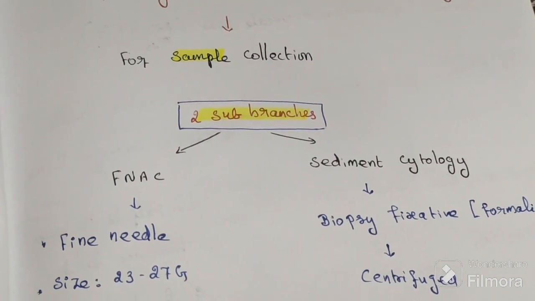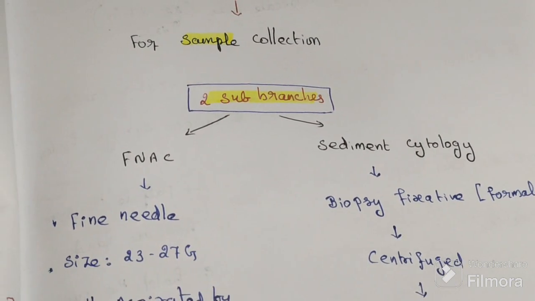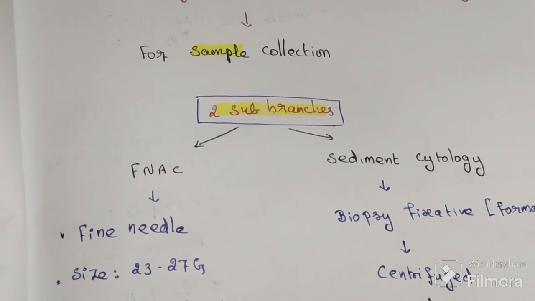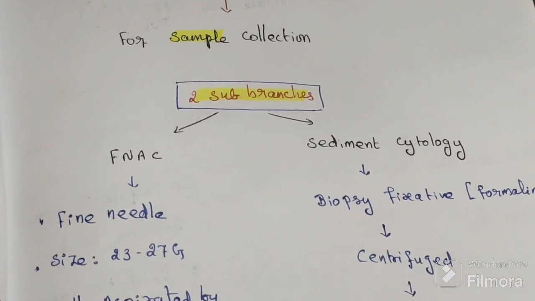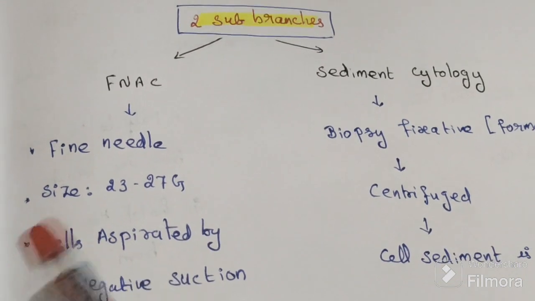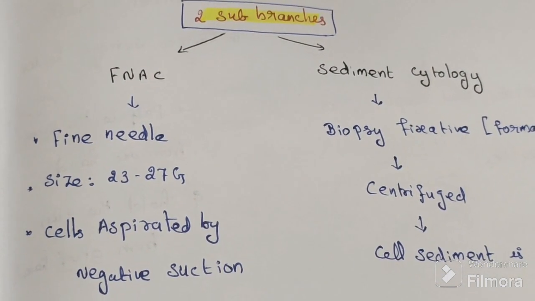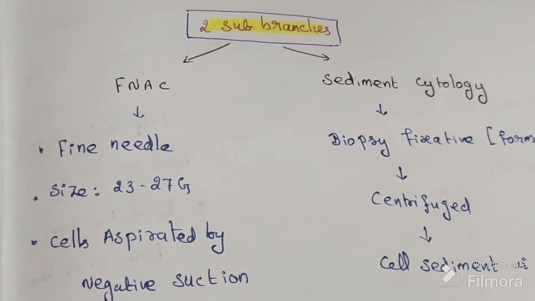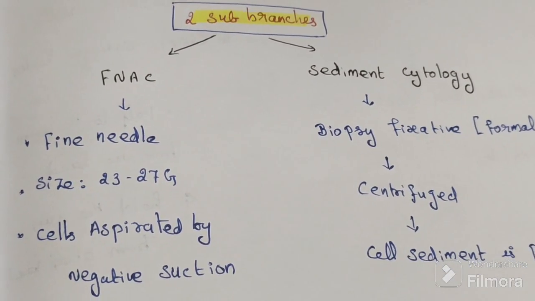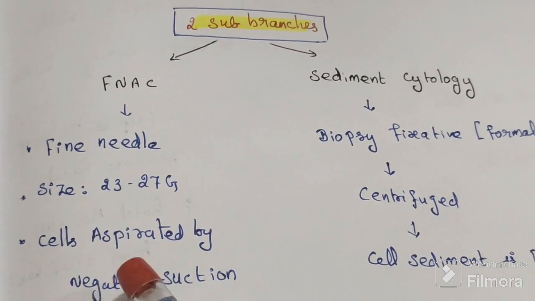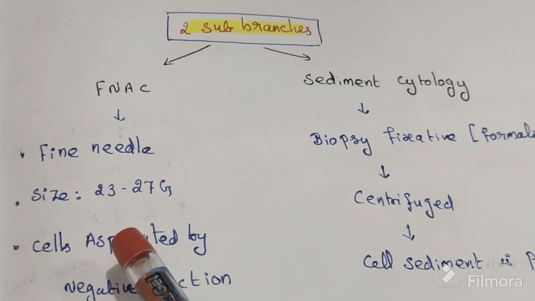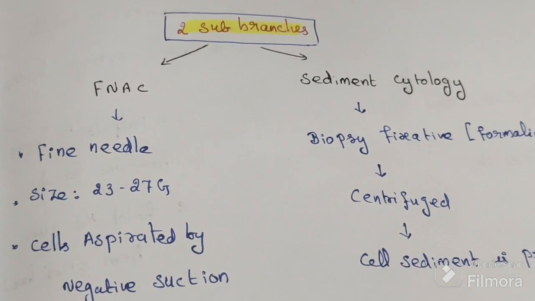What is meant by FNAC? Fine needle aspiration cytology. You have to use a fine needle attached to a syringe, and from there you collect the sample. By using that we can collect the sample.